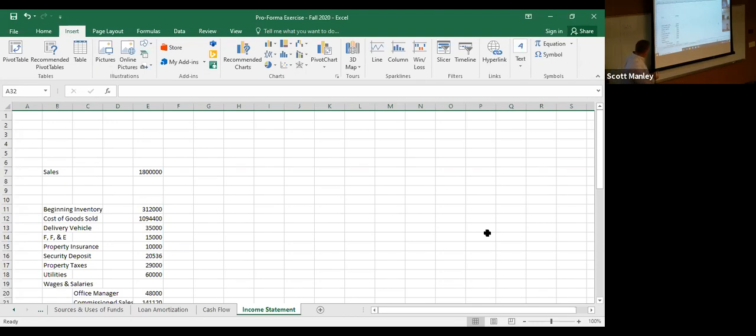But in these numbers that I copied over, do I have sales? Do I have cost of goods sold? Right there, right? Do I have some operating expenses? Yeah. Do I have some stuff on there that aren't operating expenses? Yeah. Okay. Let's start making this look like an income statement.